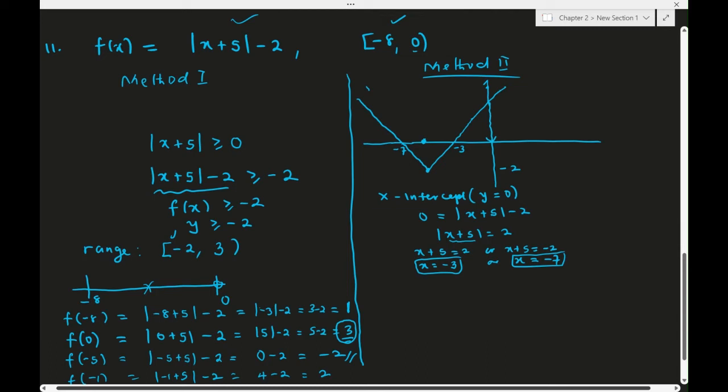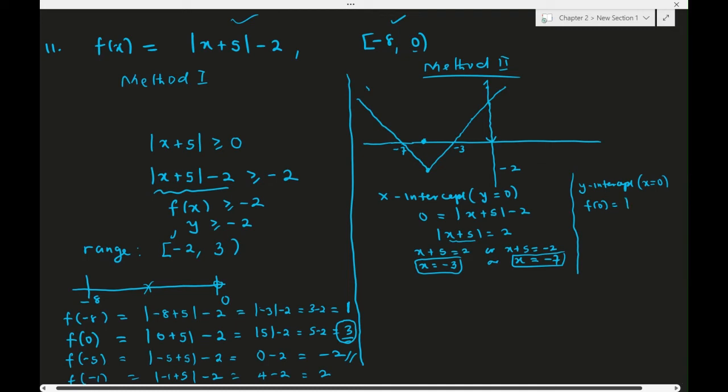Now, the y-intercept, what is the y-intercept? It simply means that x is equal to 0. Put x equals 0 in your function, you will get f of 0. I think we already have it here.